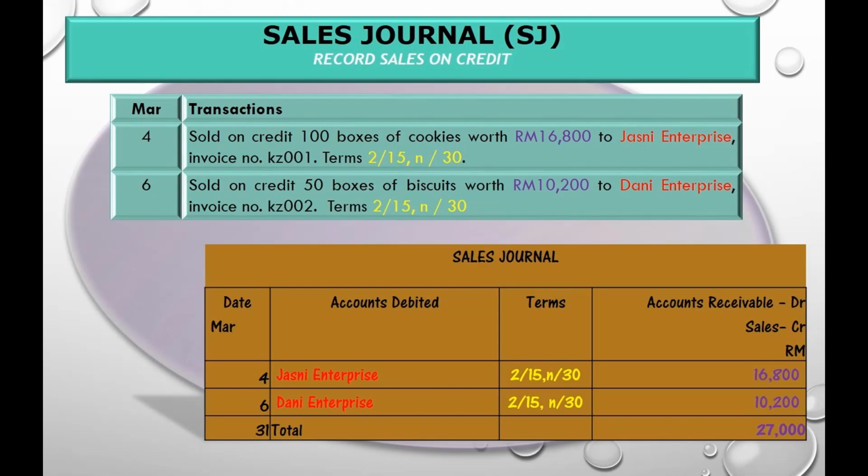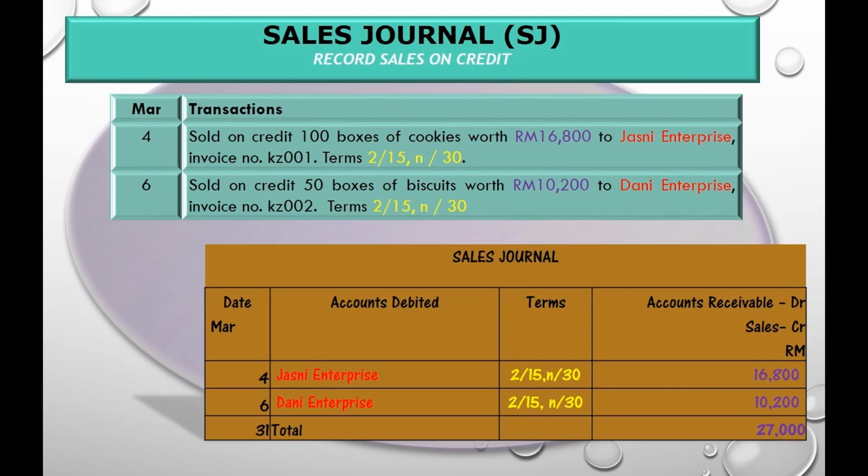Sales journal. We need to create the answer following the question given. For example, on March 4th, sold on credit 100 boxes of cookies worth RM 16,800 to Jasny Enterprise, invoice no KZ001.